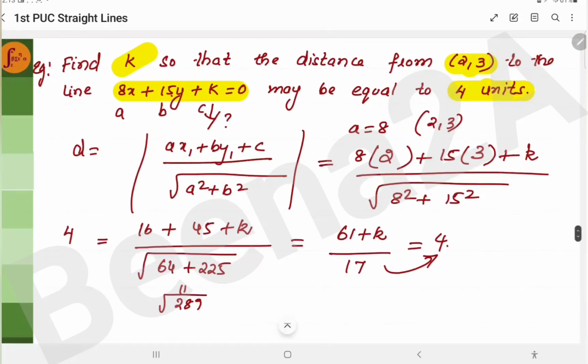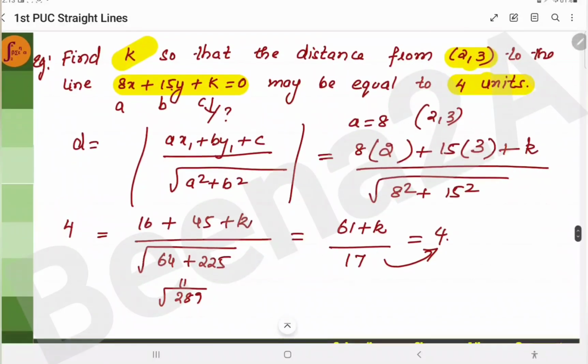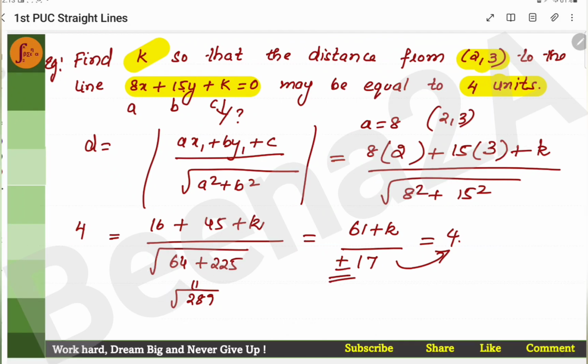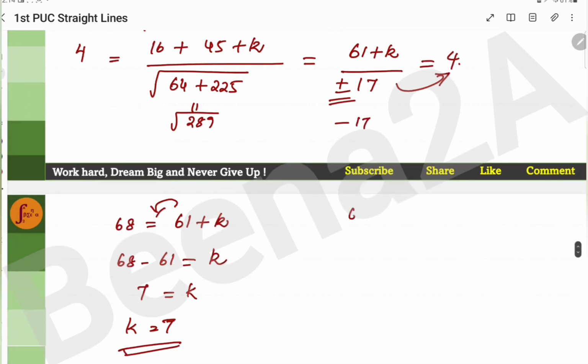And one more thing to note is, when you take a square root, the value could have been positive or negative. So whenever you're taking a square root, it could be plus or minus. Assume with plus we calculated. Now we'll take minus 17 and see what will happen. Let's take this as minus 17.